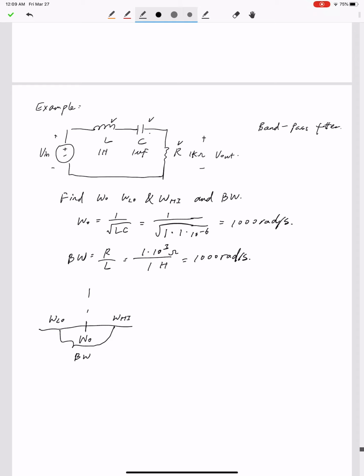If I tell you the central frequency is 1000 radian per second, the bandwidth is also 1000 radian per second. Then from here to here, the distance is 500 radian per second, and the same thing, the distance from central frequency to high cutoff frequency is also 500 radian per second. Right. So based on this information, we can do the calculation.